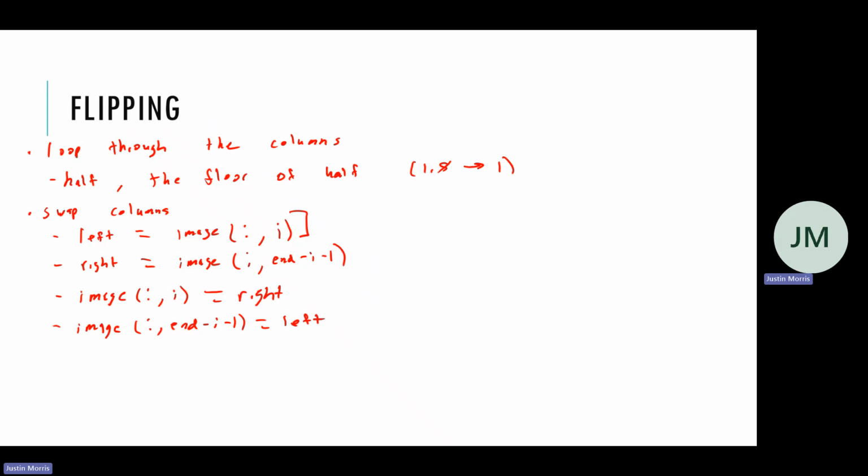And then when you do that for your half the size for loop, so you're only looping through half, you'll have swapped all of these on the left side, all of those on the right side.